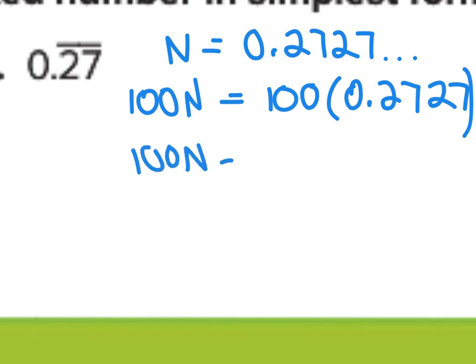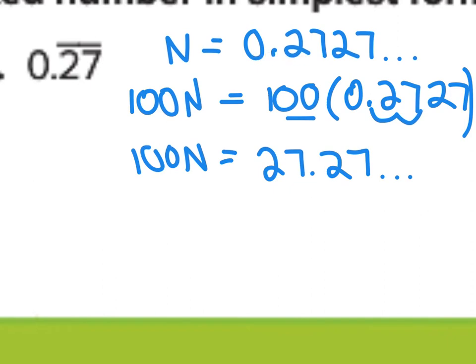And when we do so, we get 100n equals, the decimal place will move over 2 times. You see, for the number of zeros, we'll get 27.27 bar notation. Continuing on. And then we want to subtract our original value up here of n equals 0.27 bar notation.